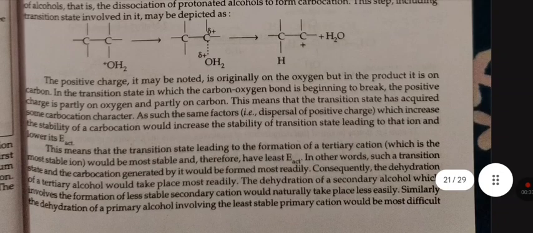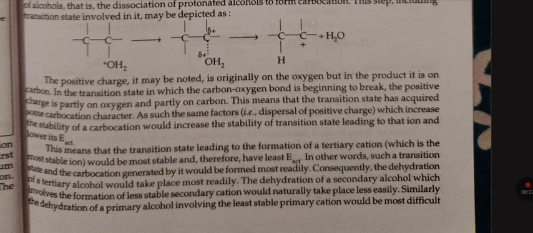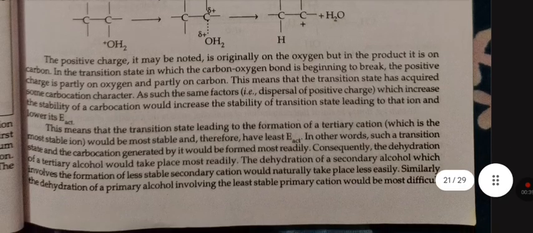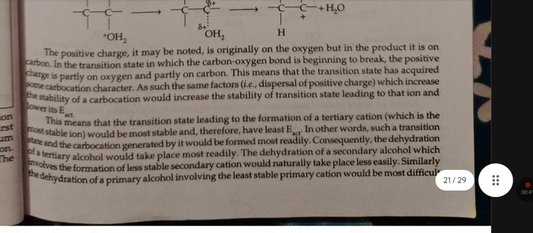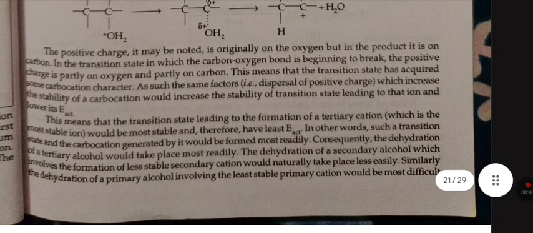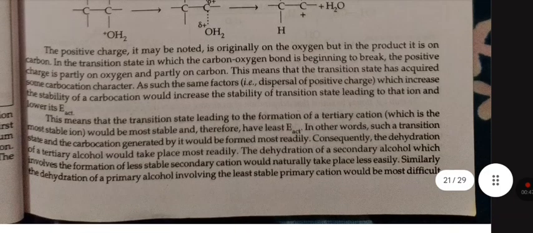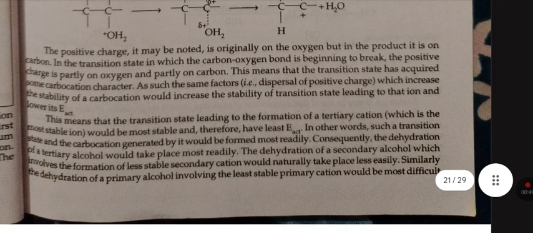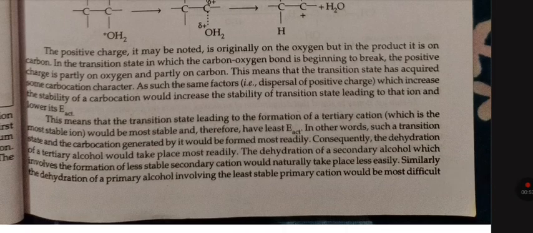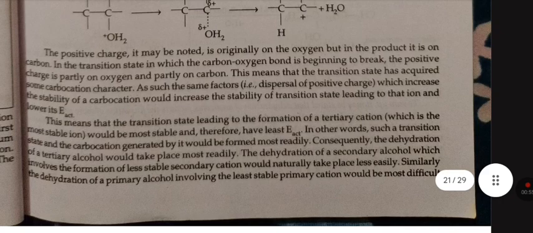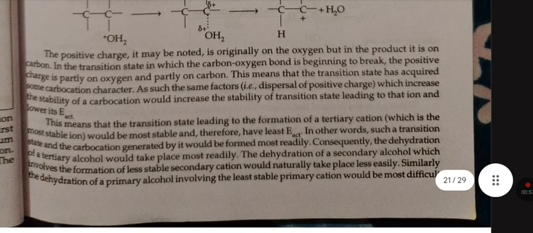As such, the same factors which increase the stability of carbocation would increase the stability of the transition state, leading to that ion and lowering its Eact. This means that the transition state leading to the formation of a tertiary cation would be more stable and therefore has the least Eact.